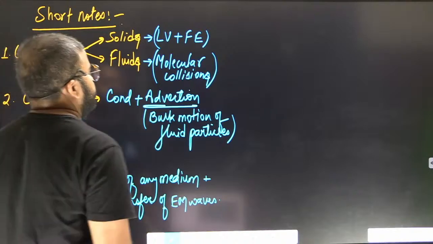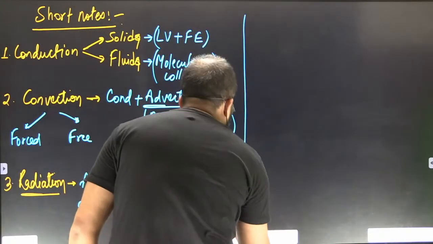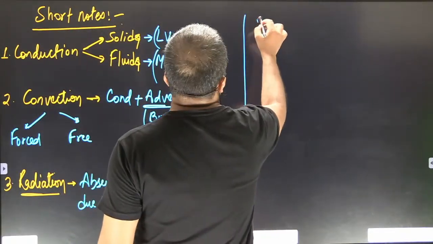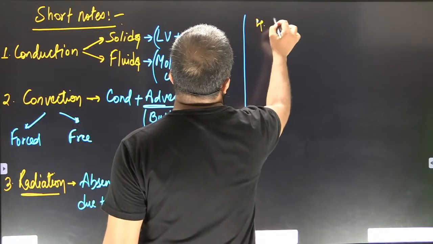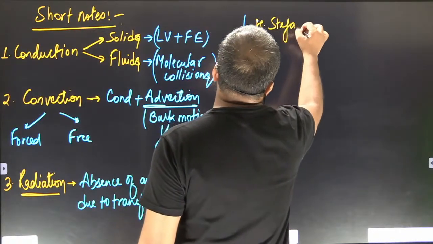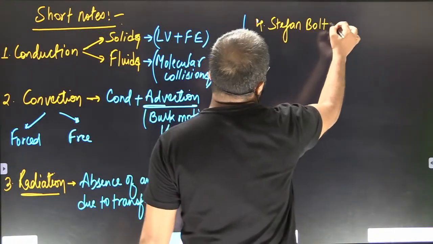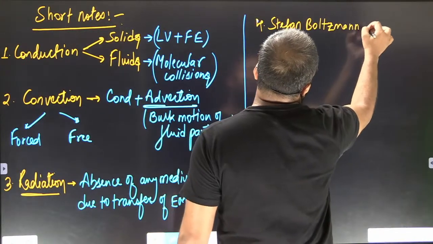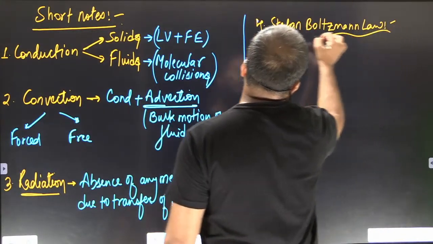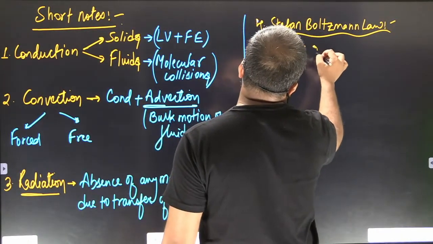Simple. Number 4, Stefan-Boltzmann law for radiation.